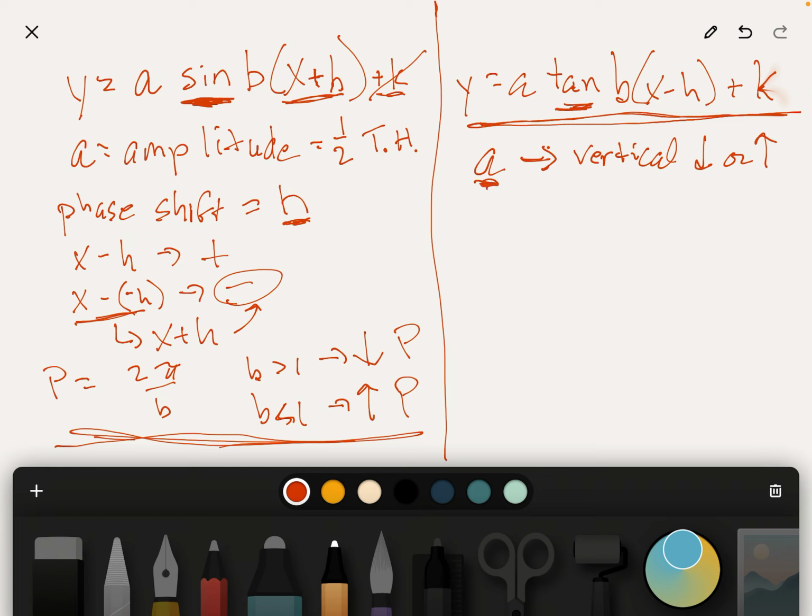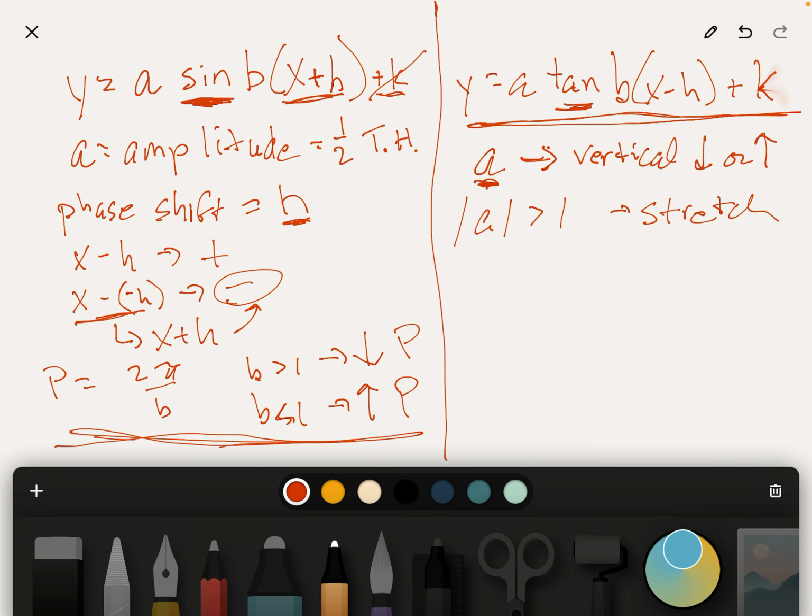So if the absolute value of A is greater than 1, then you get a stretch in the vertical direction.